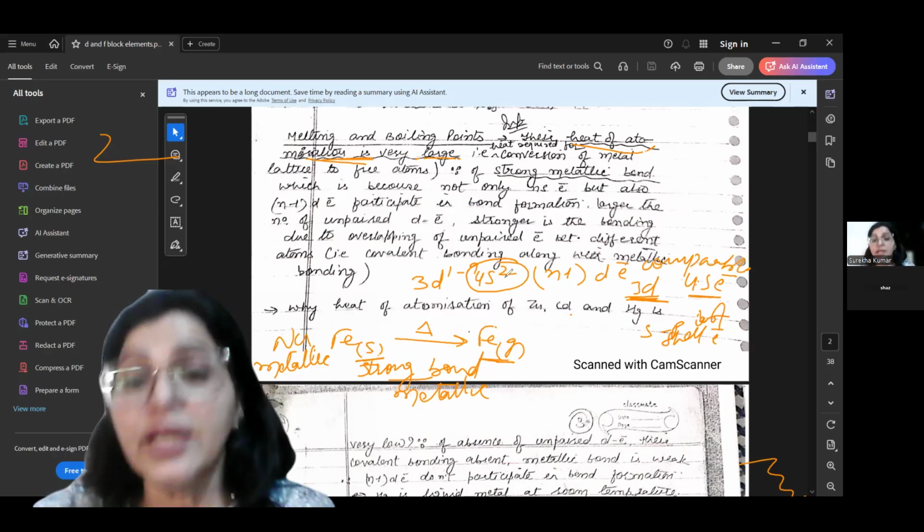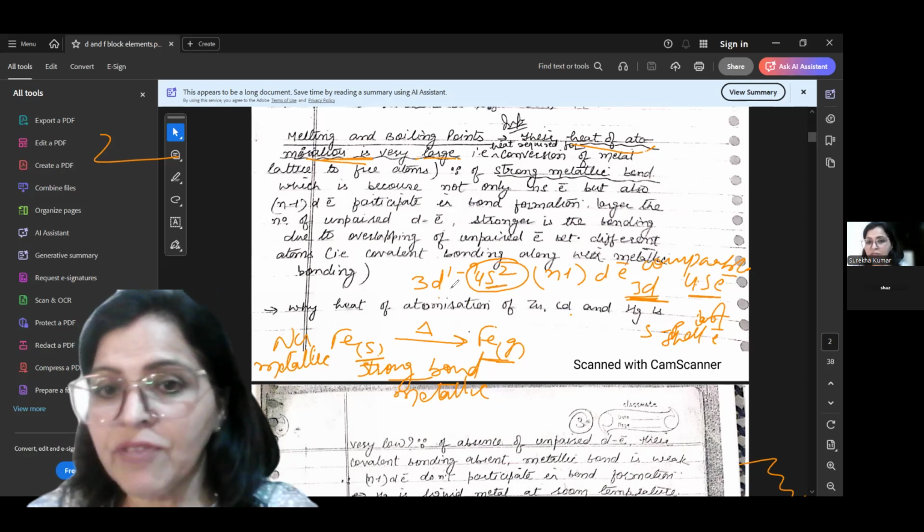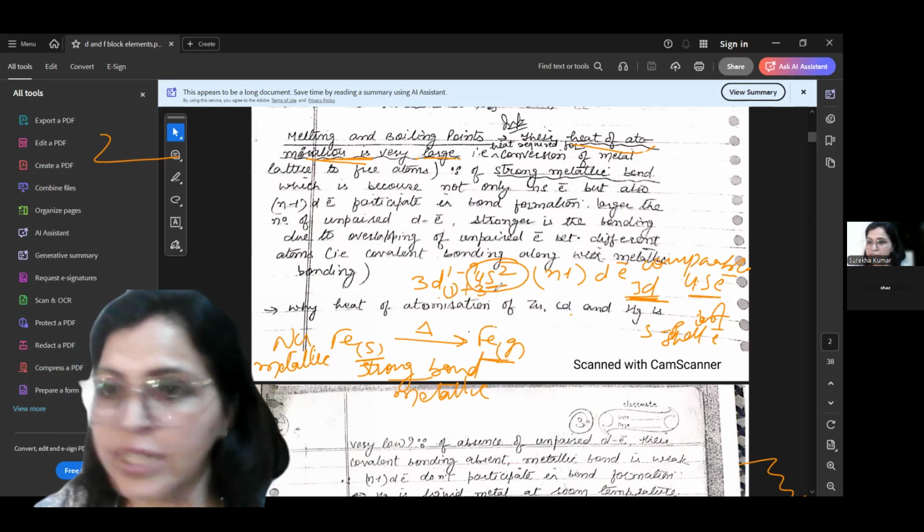That's why, now 4s2 electrons are there. In 3d, if it is 1, total participation is of 3 electrons.